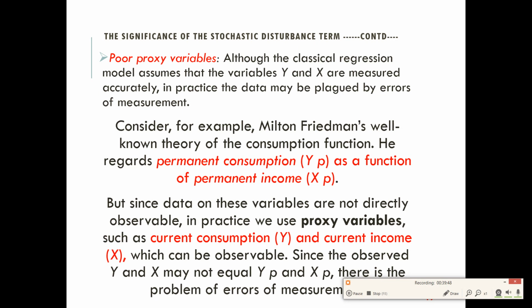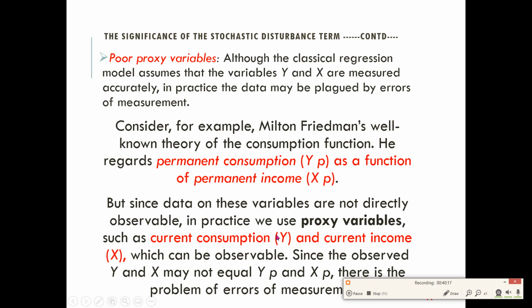But you see, in real life, whenever we have income figures, we don't have data on permanent income and permanent consumption. We only have data on current consumption, current income, right? So if I proxy permanent consumption by current consumption and permanent income by current income, then we are not using the actual variables.